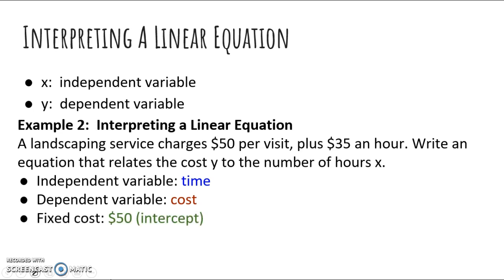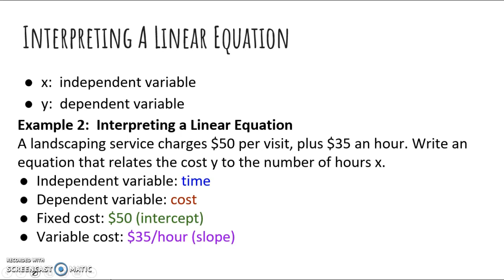Now our fixed cost, that's the amount you have to pay no matter what. That's our y-intercept, or our starting value. And our variable cost, that's our cost per hour. That's our slope. So that's how much the cost changes per hour worked. It goes up $35 for every hour worked.